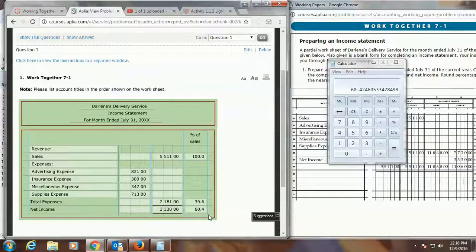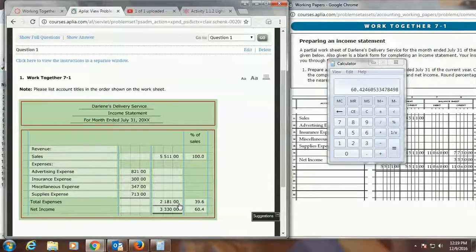So what do those numbers mean? If I was a stakeholder and I saw this income statement, I would look at it, and so for every dollar sold, for every sale I make, I'm going to keep 60 cents in the business. For every dollar I sell, it's going to cost me about 40 cents to run this business.